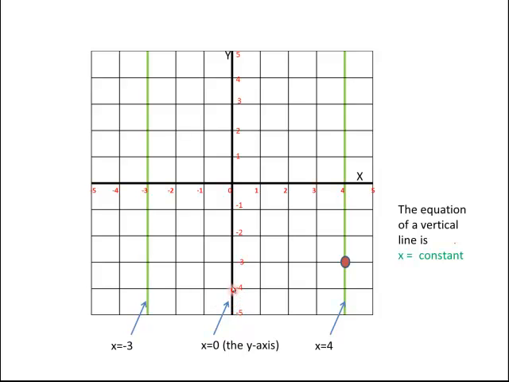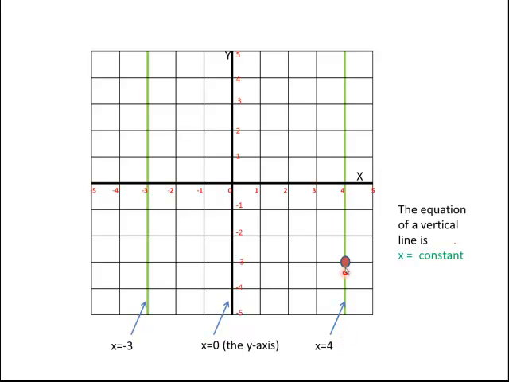Similarly, if you look to see where the y-axis hits the x-axis, you come to 0, and that means that the equation of the y-axis is x equals 0. And finally, if you're interested in the avenue on which our point lies, just draw the vertical line through the point, and that's the vertical line x equal 4.